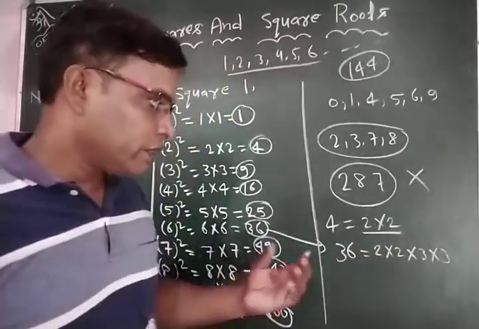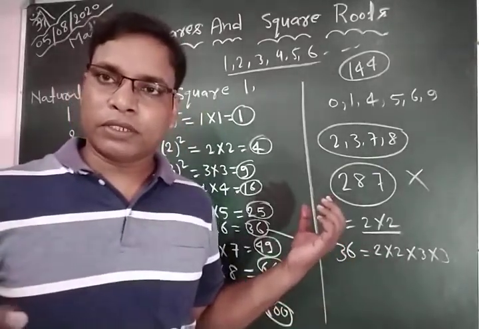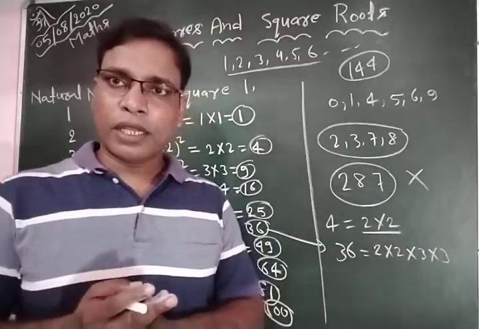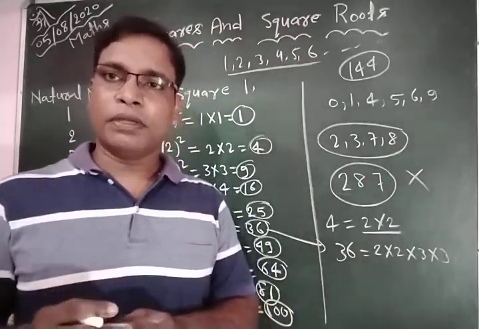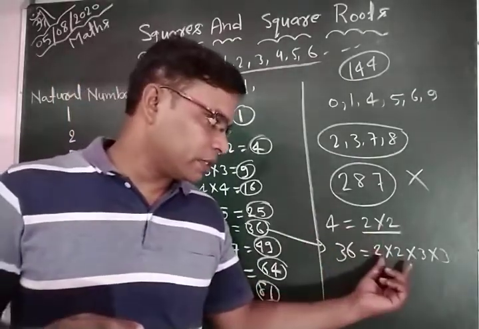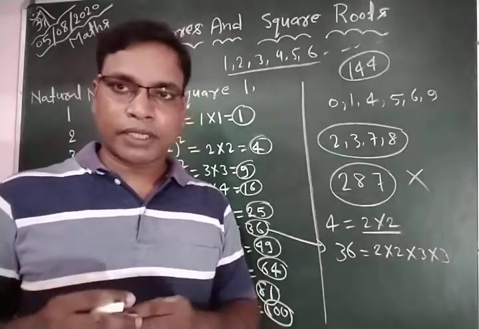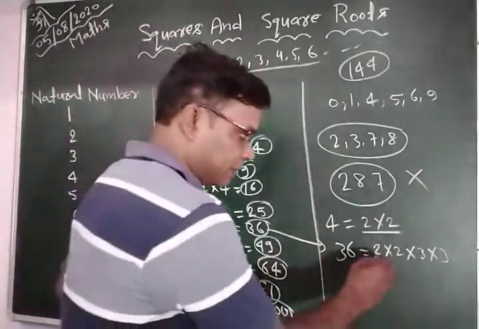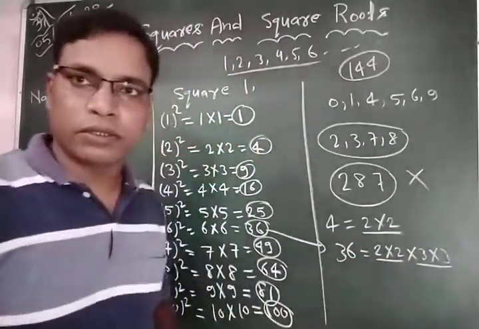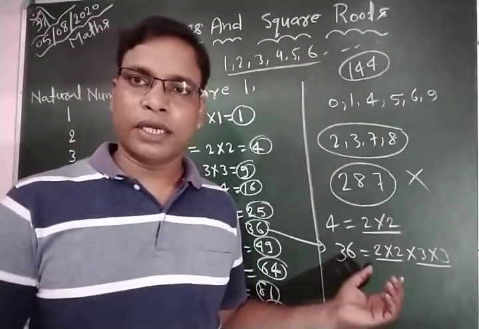So one way to know whether the given number is a square number or not: first we write it in prime factorization, and after this we check whether the prime factorization of the number is a pair of equal prime factors or not. This is a pair of equal prime factors, so you can say this is a perfect square.